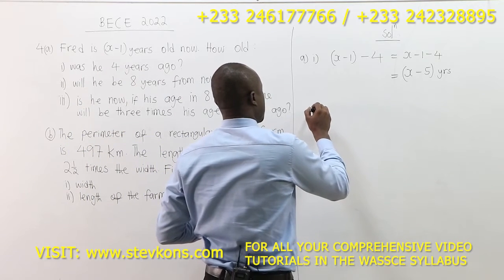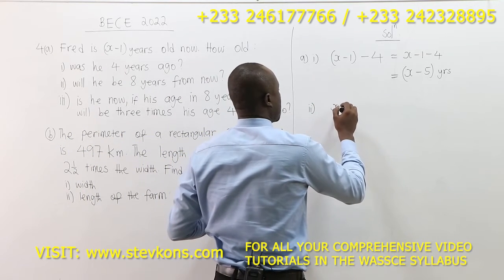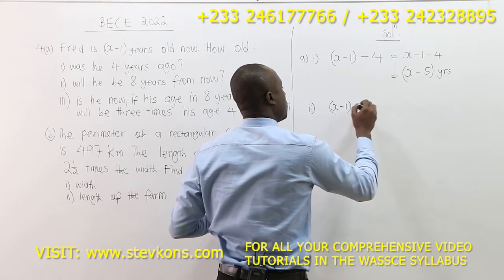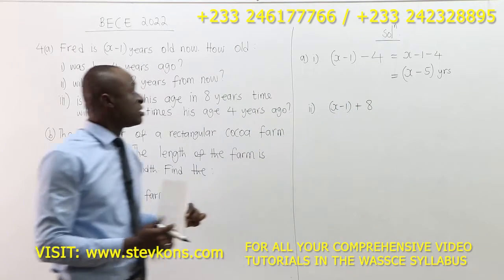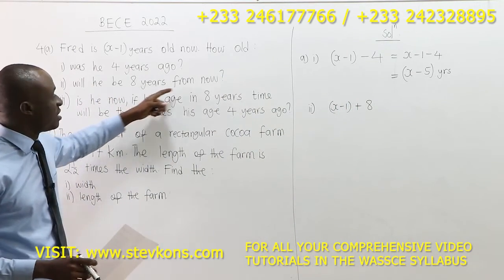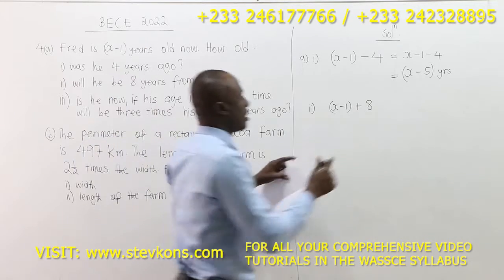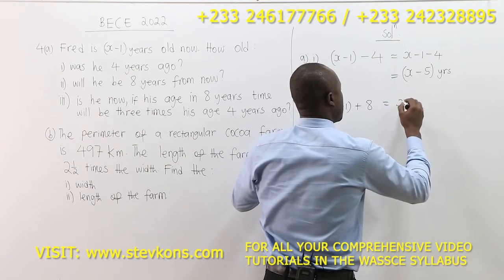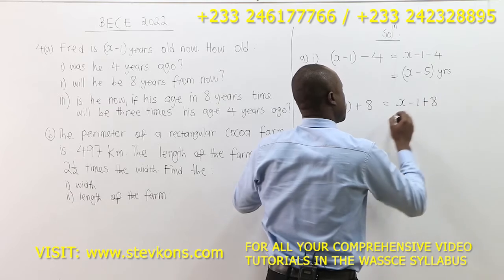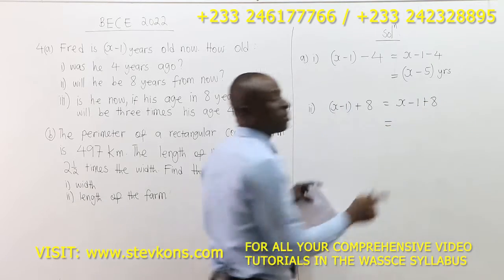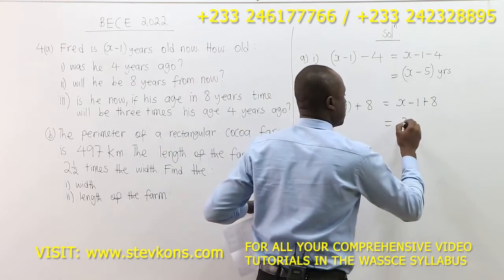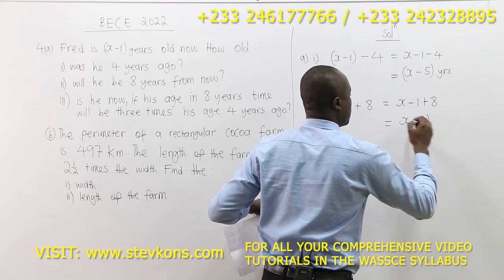So the second one is the current age plus 8, in the future. Clearly, this is the same as X minus 1 plus 8. Now, what is negative 1 plus 8? That's 7. So that is X plus 7 years.